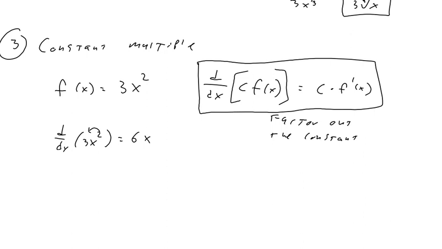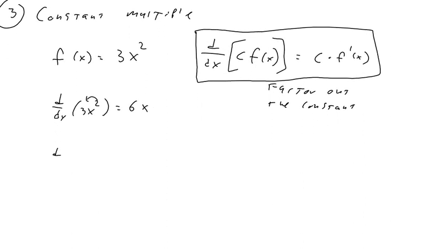What if I had the derivative of, let's say, 2 over x? What do I do here? Well, this 2 on the top is like a fraction, is like a constant. I can factor it out. I'm going to have 2 times x to the negative 1.